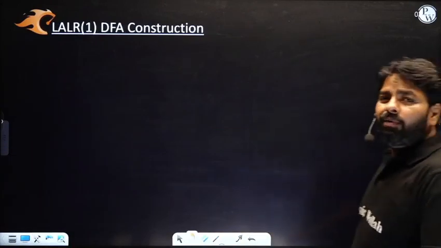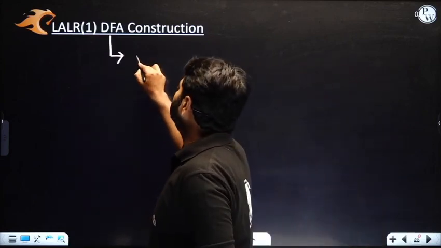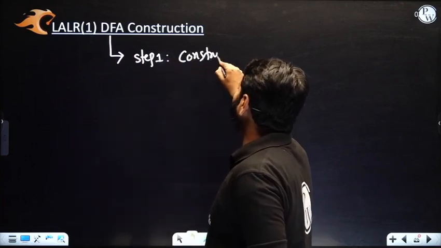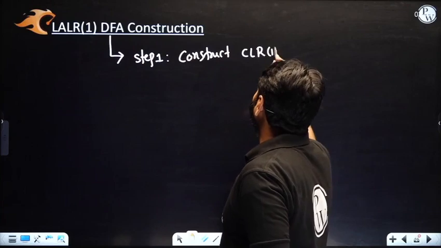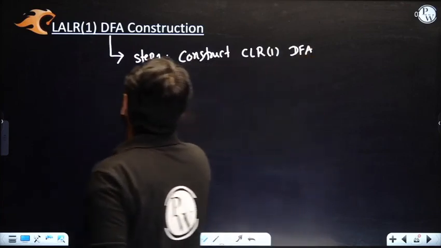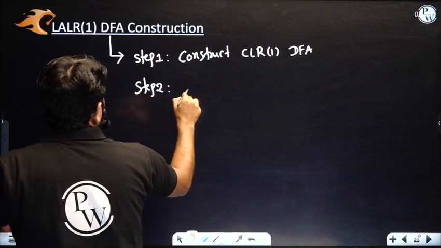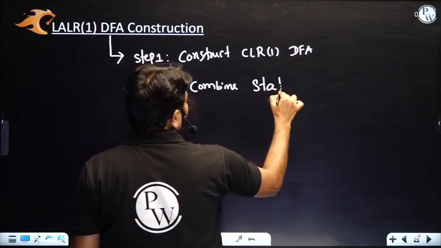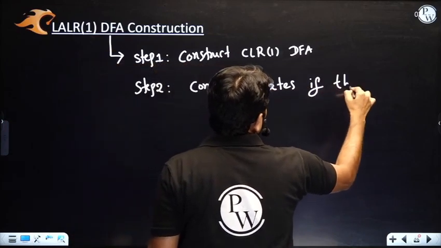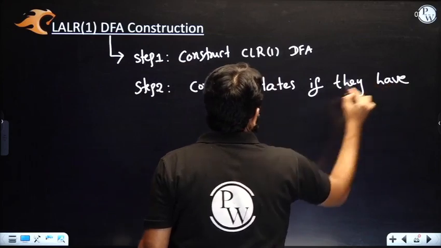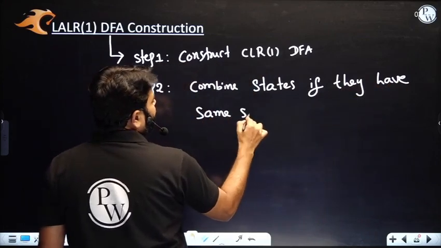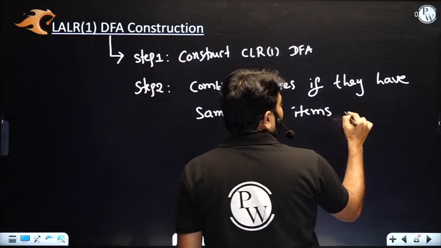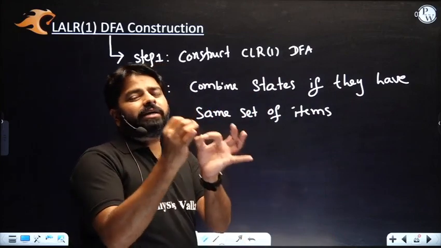Now, how do you construct LALR1? Very simple. Step 1, construct the CLR1 DFA. Step 2, combine states if they have the same set of items including the dot, same set of items but ignore the lookaheads.